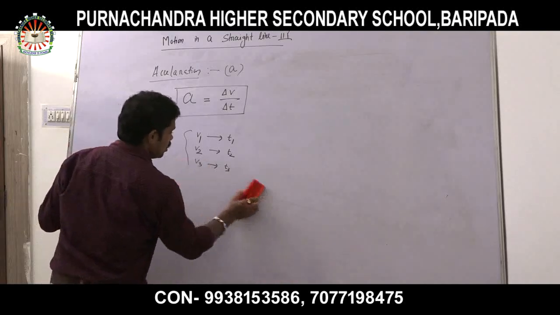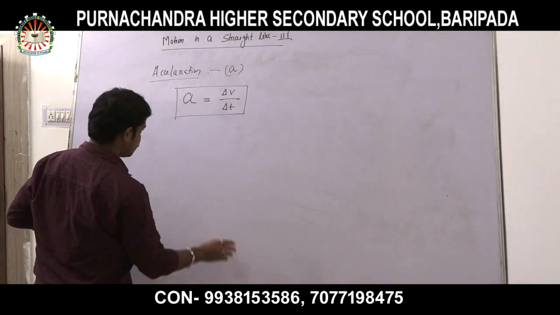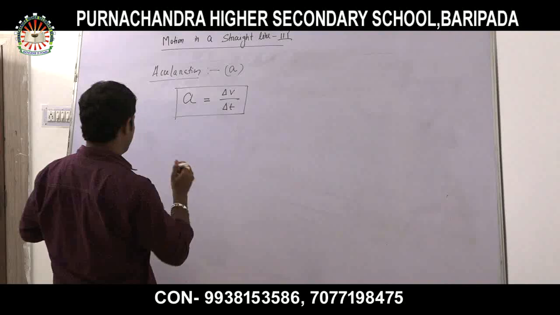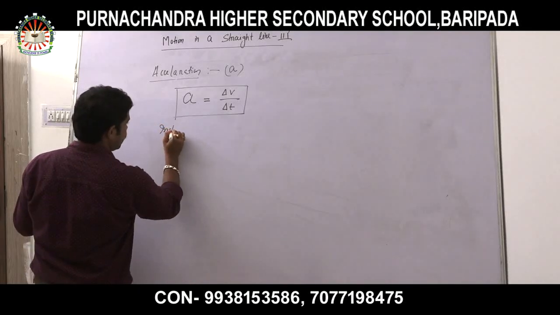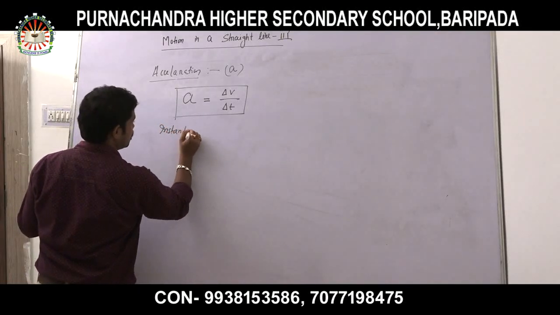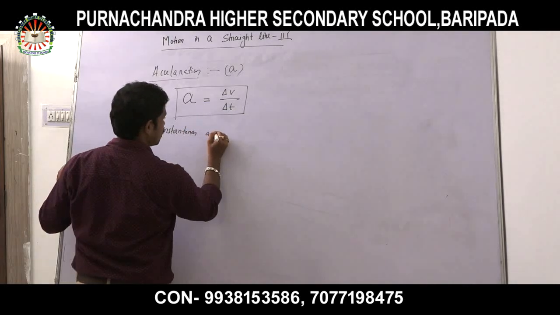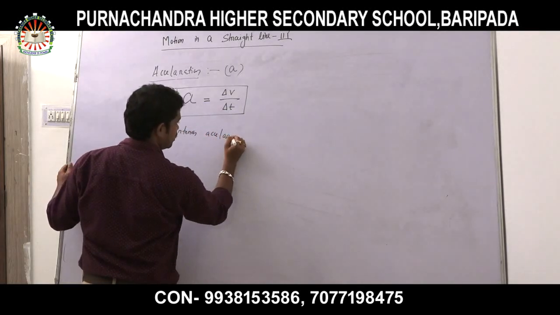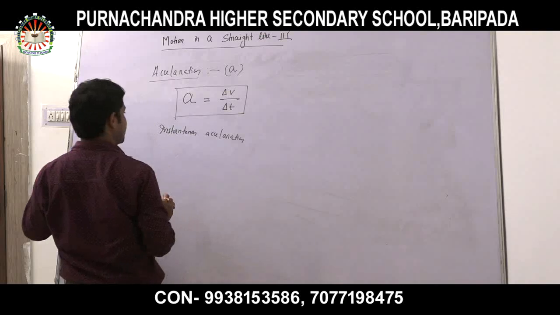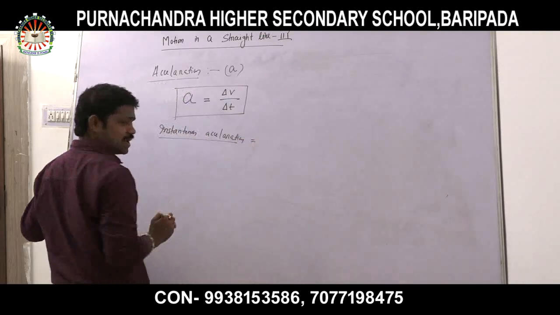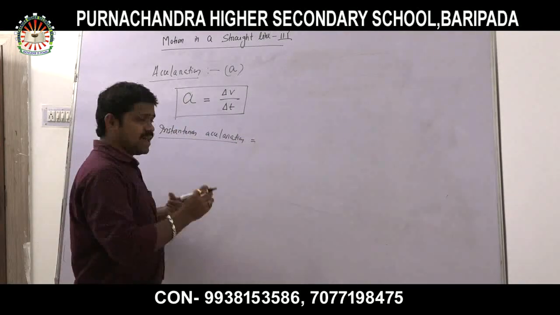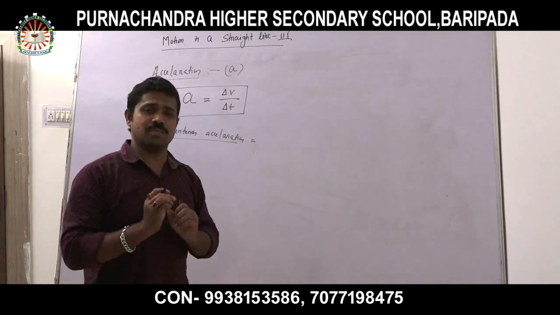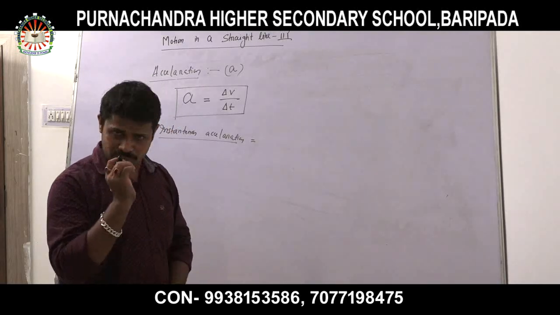Okay, so now if I go to the next, that is your instantaneous acceleration. So how can we calculate instantaneous acceleration in the same way? That is the acceleration of any object or a body at a particular instant of time.